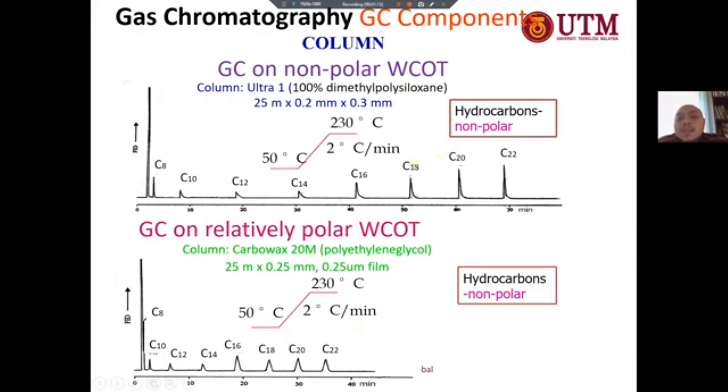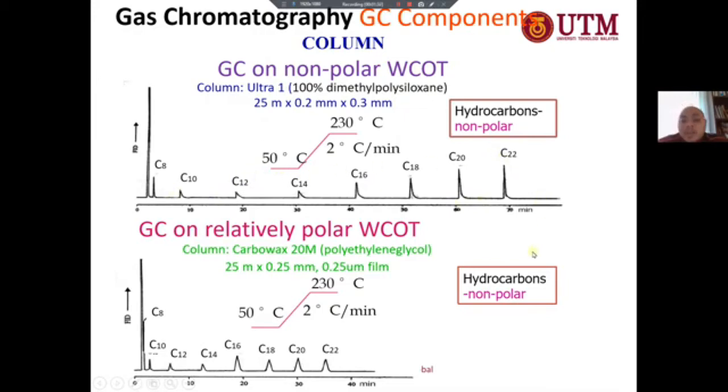For example, we want to analyze hydrocarbons, which are non-polar, from C8, C10, C12, C14, C16, C18, 20, 22. If we look over here, the column is non-polar and we can separate everything very well.